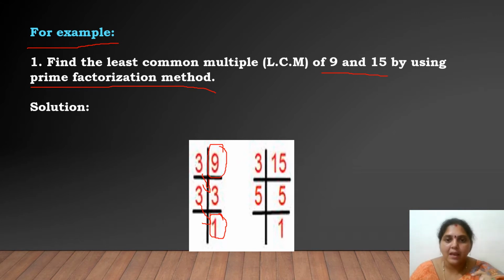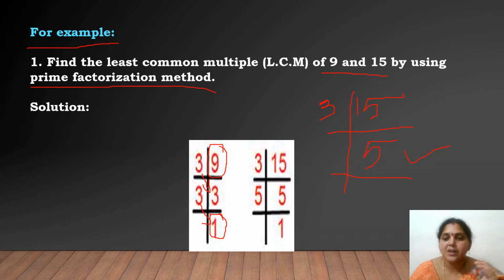In the same way, I have taken my 15 here. Now I have to do the prime factorization. In the 2 table, we will not find the 15. So I will take my next prime number, that is 3. In the 3 table, 15 goes how many times, Dana? 5 times. Write that 5 down. And again this 5 you have to do the prime factorization. 5 is a prime number, as we know. We can stop here.